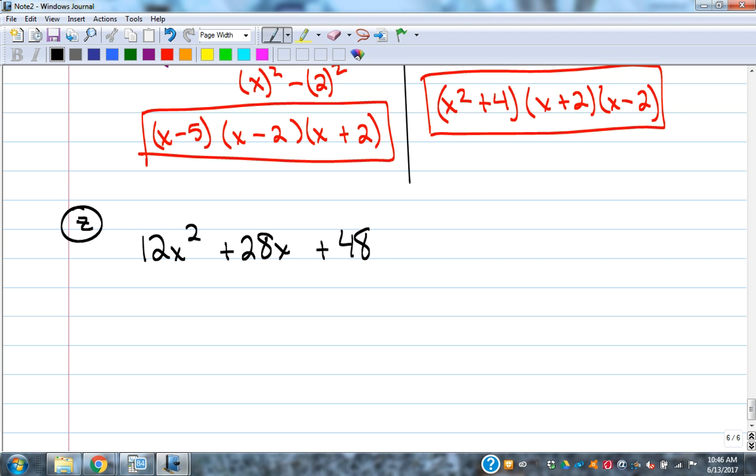Is it in descending order? Yes, we're good. Next thing, greatest common factor, which would be 12. Does 12 go into 28? Nope, it goes into 24, not 28. It goes into 48, but not 28. So 12 can't be my GCF, so I have to have something a little smaller than 12.